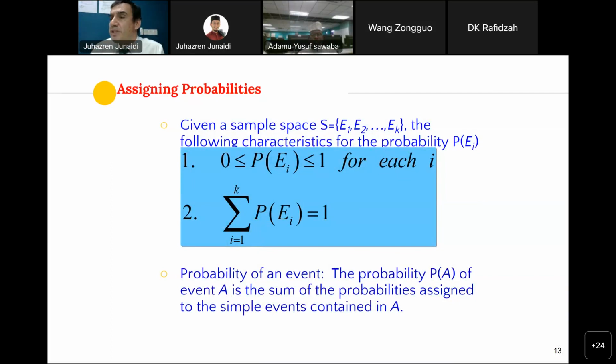It cannot be more than 1, okay? It is going to be equal to 1. So all the probabilities of happening should sum to 1. And the probability of an event A is the sum of the probabilities assigned to the simple events contained in A.